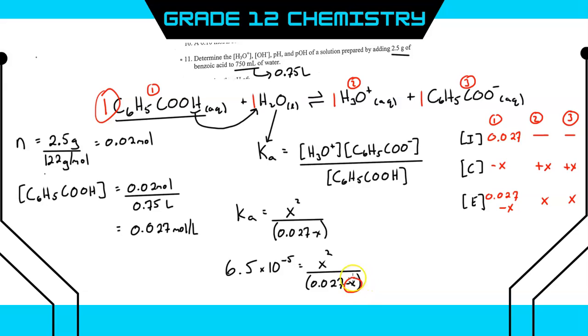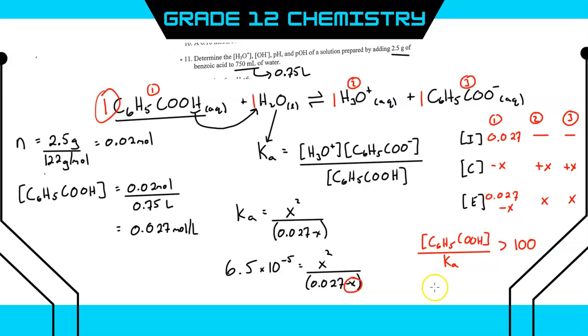Well, I'm going to eliminate this X. And I can do it because if we look at the ratio of our original concentration of benzoic acid, C6H5COOH, and we divide that by our constant, Ka, and as long as this is over 100, then the value of X really is going to be so small compared to what I'm subtracting it from that it's really going to be negligible in our calculations.